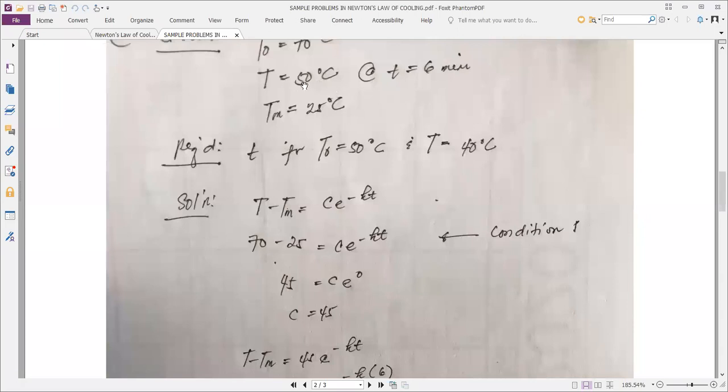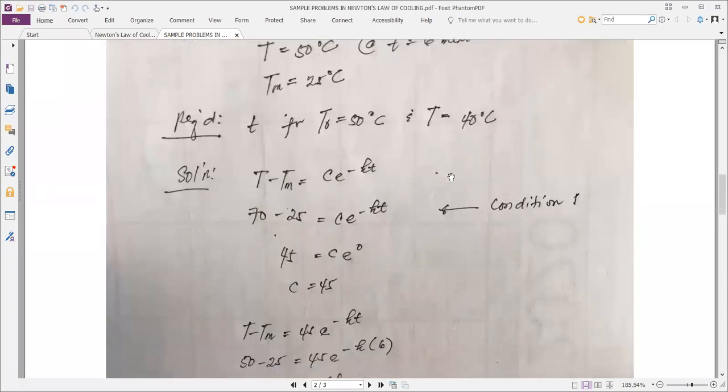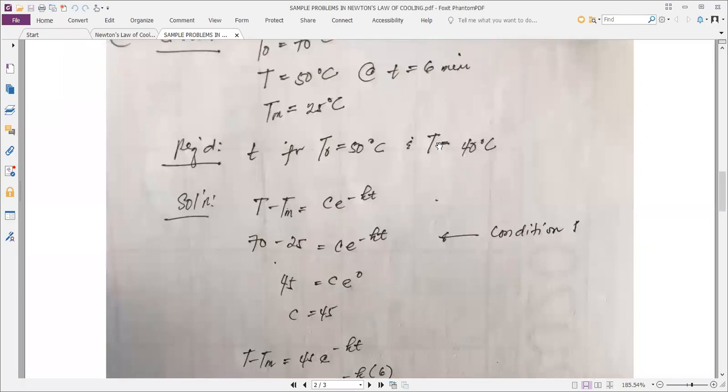So from the 50, from this temperature here to 40, how long did you cool down the object? So all you have to do is what? All you have to do, you say it's the same principle as number one. So all you have to do is time to decrease from 50 to 40 degrees is what?